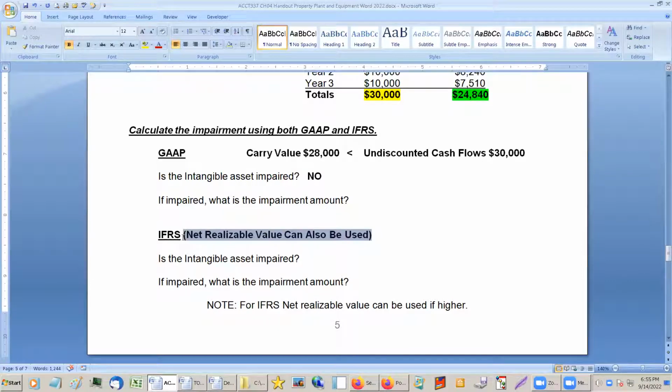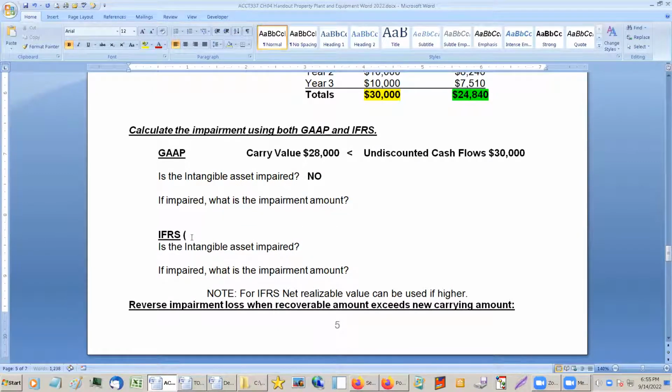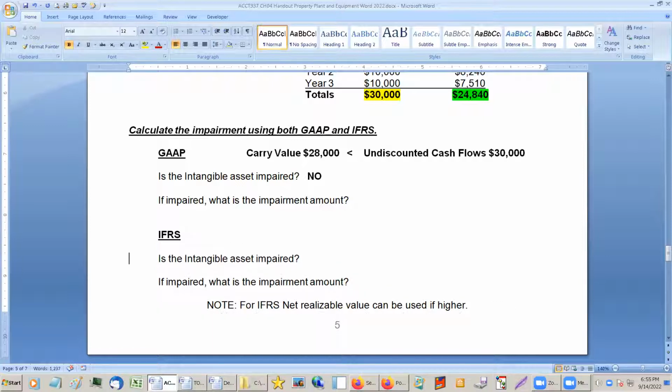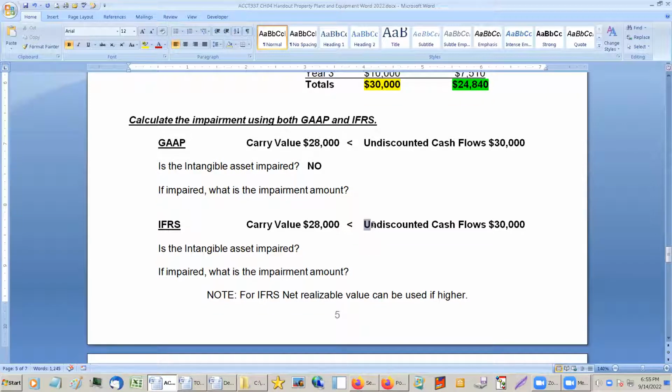Get rid of this. It's already down below. I'll talk about that in a second. It's a little bit of a complication to this one, but okay, for IFRS, the carry value is this.